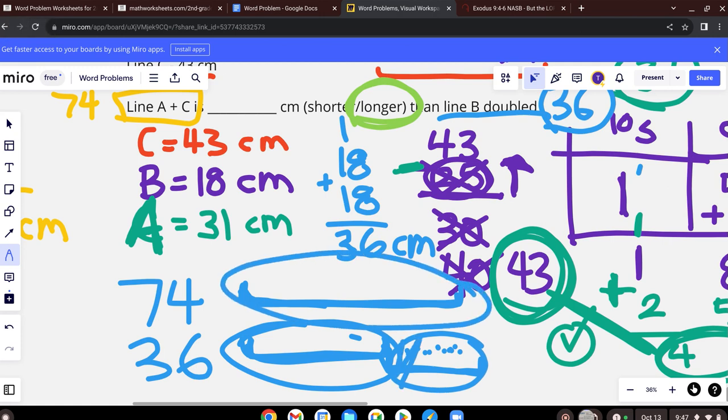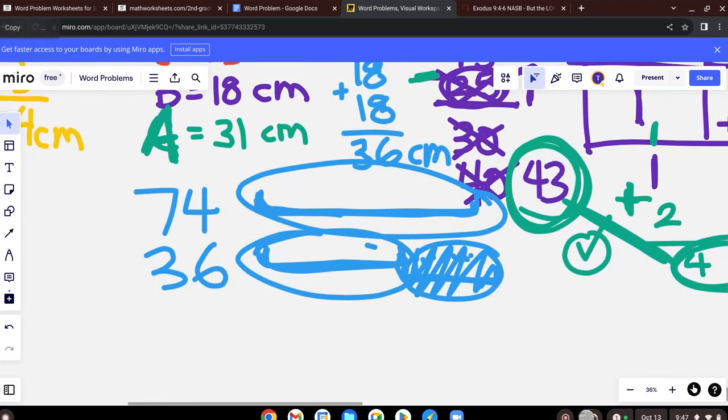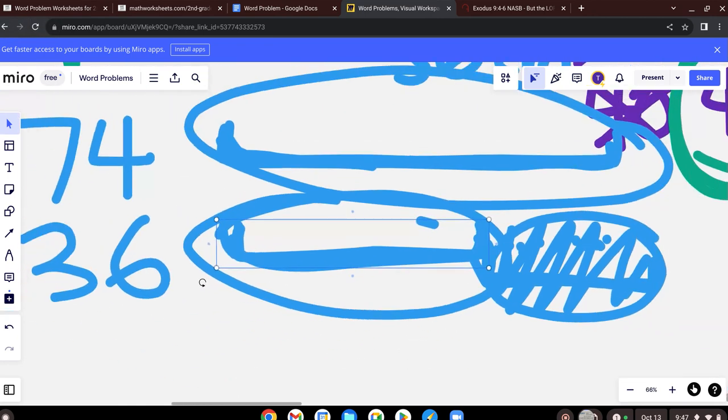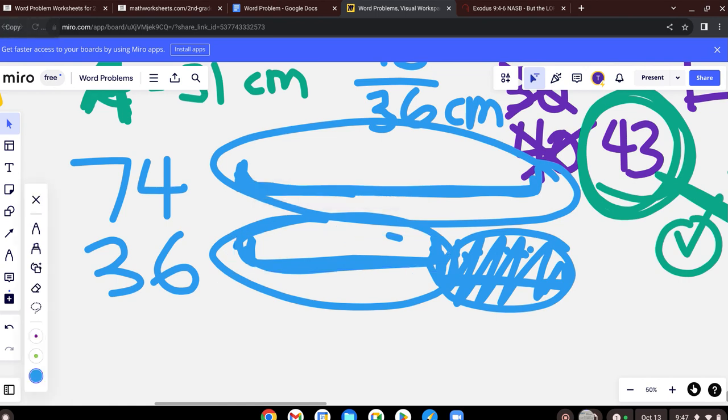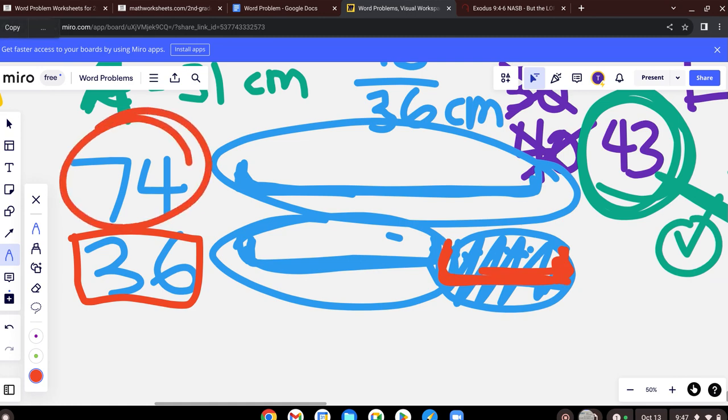In order to get this missing part, you can take the whole and take away the part that I know, and I will be left with the missing part. Or you can think of it as I'm starting with 36. How much do I need to count to get to 74? We're going to do it that way.